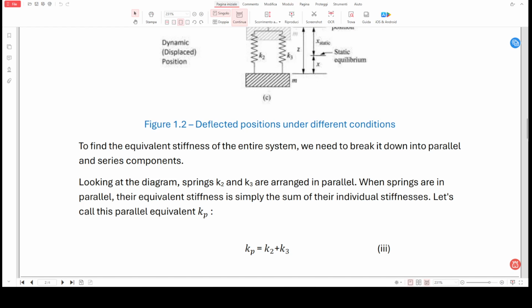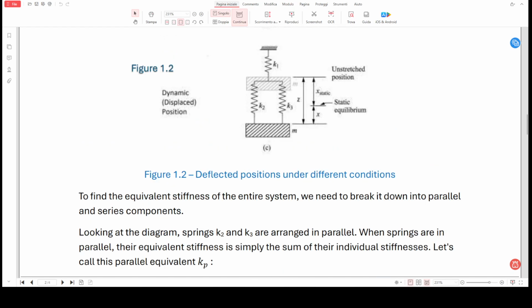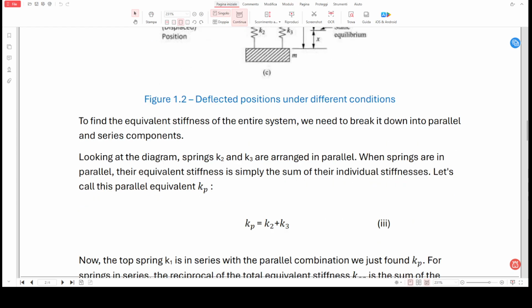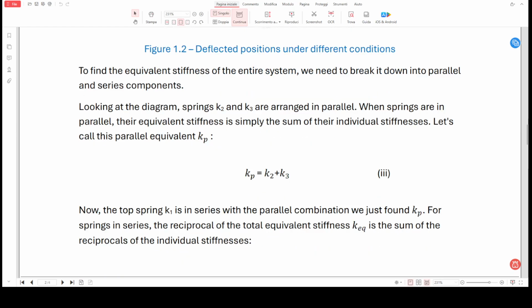Now we want to calculate this value, kappa equivalent. For the springs in parallel, K2 and K3, we can write the equivalent stiffness, kappa parallel, simply as the sum of K2 and K3.